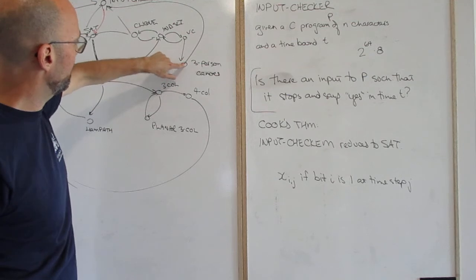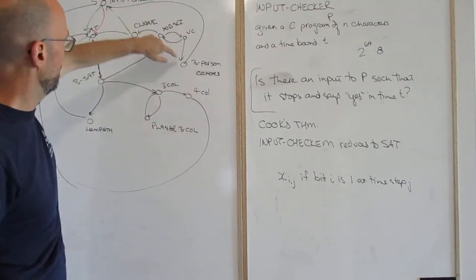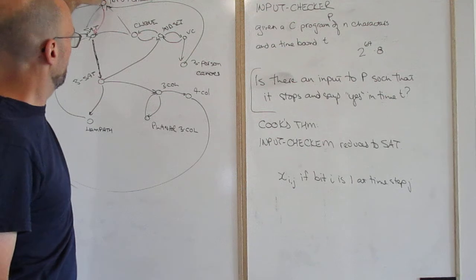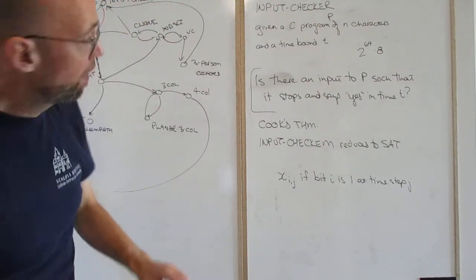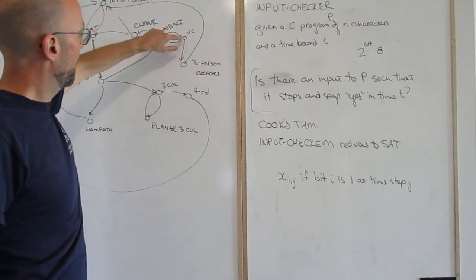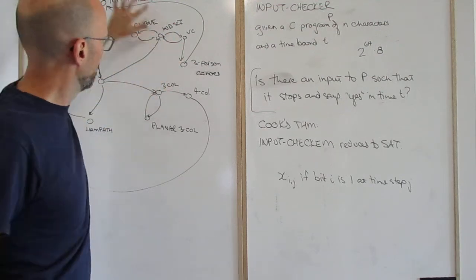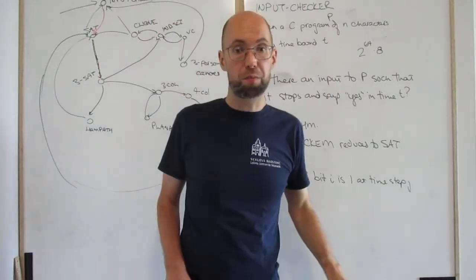You have to be able to get from 3-person canoes to one of these, and it's always this one: you can check it in polynomial time if you're given a solution, and then you have to get an arrow from one of the others going here. And there are hundreds of other problems.